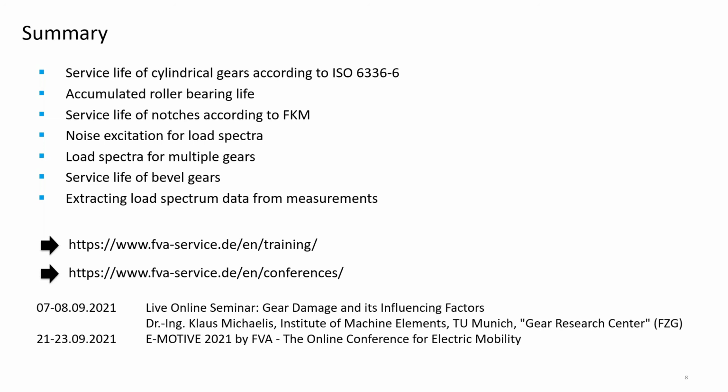We looked at the specification of load spectra for gearbox with multiple gears for manual transmission in an automobile, we looked at bevel gears and calculation capabilities in this regard. And in the end, I demonstrated some of the possibilities where the Workbench helps you to extract a calculatable load spectrum from real-world measurements.